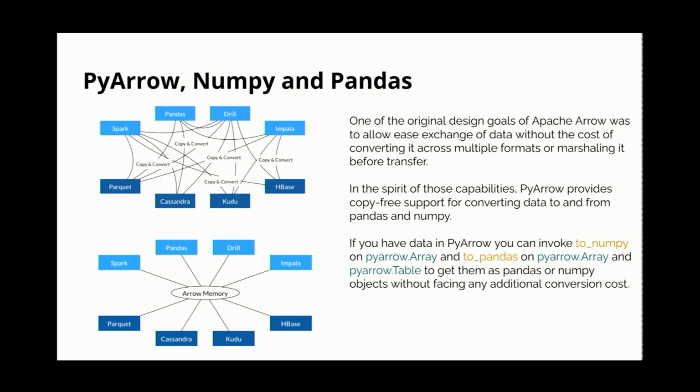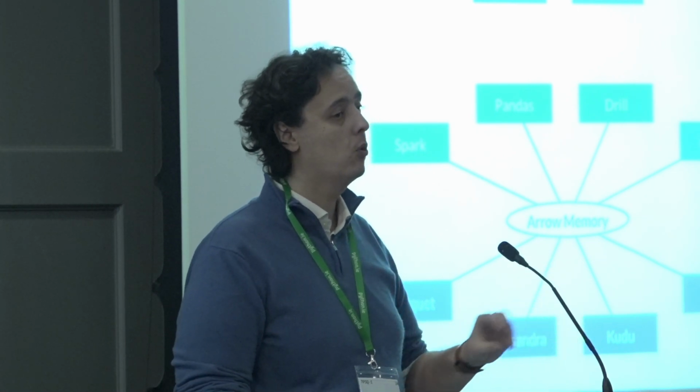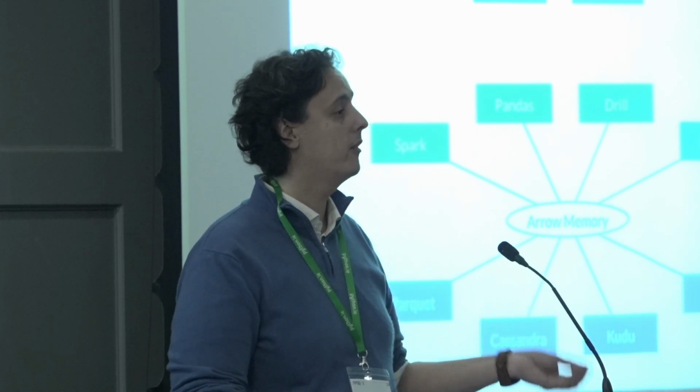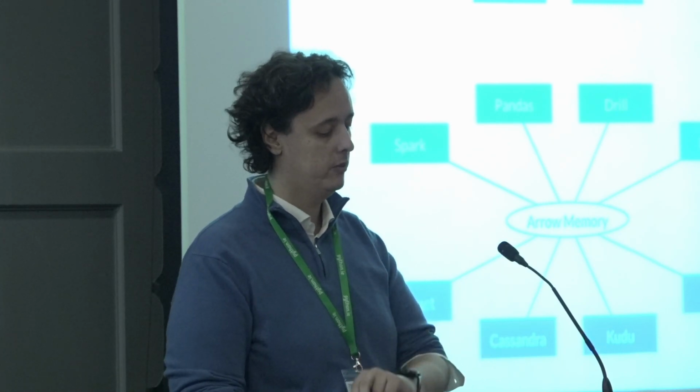But the main reason why Arrow is very interesting and important is the one that I was telling you about, it being a lingua franca for data interoperability between different software.